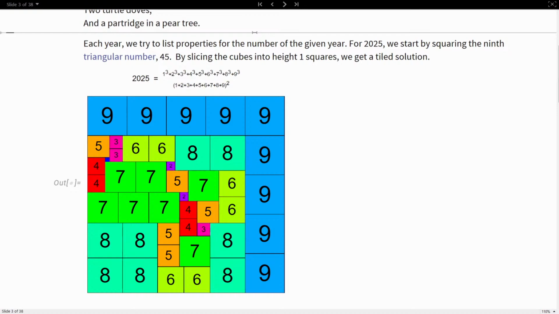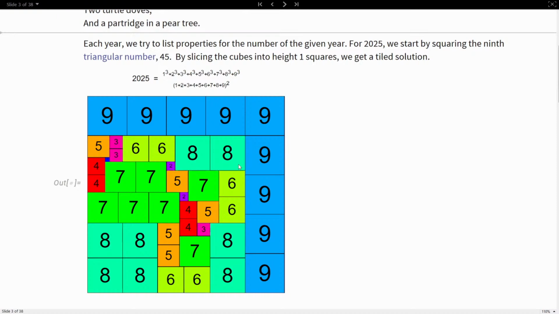So if you have a series of cubes, you could slice these up into unit stacks, and it turns out you can rearrange these in order to make a size 45 square. 9 times 5 is 45. So this is one way of dividing up a square of size 45 squared, or 2025, into a cube.